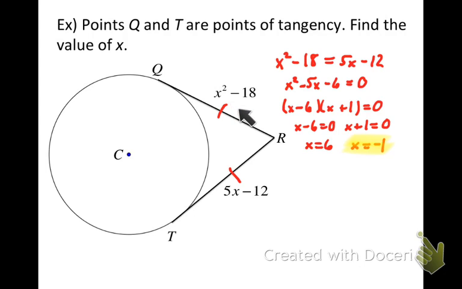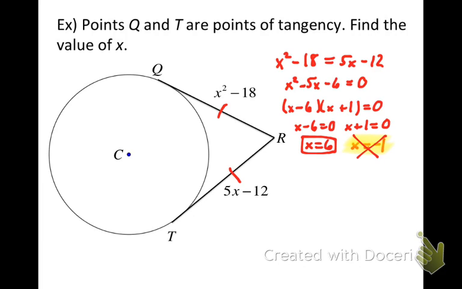If x was equal to negative 1, you would have a negative 17 length segment here and right there, and segments can't be negative 17 units. We can let it be 6, because you can have this be 18 units long: 36 minus 18, or 30 minus 12, is also 18. So we are going to use 6, but we're not going to use negative 1. That's extraneous. That's our solution.